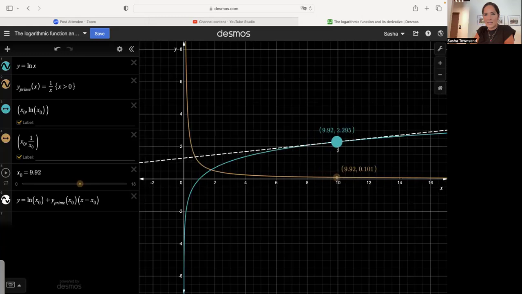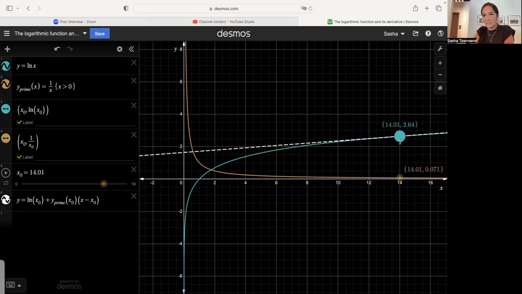When x equals 10, our slope is 1/10. When x equals 14, our slope is approximately 0.072. It's very, very tiny. And when x is 100, that slope is going to be 1/100. It's very, very small. But the function is continuing to grow.